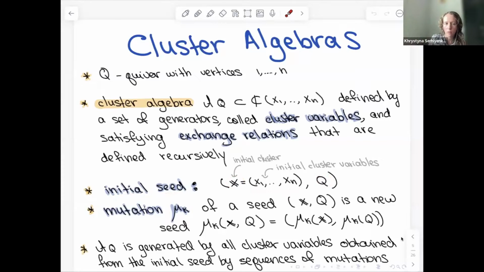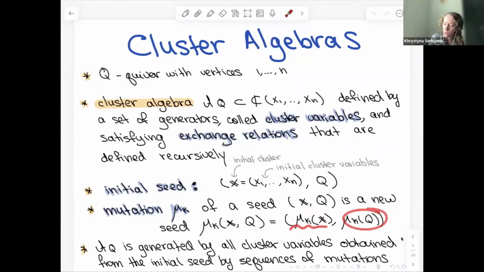And then you want the recursion process, and the recursion process is, again, called a mutation. So mutating a seed gives you a new seed, and you can mutate at any of the vertices. The new seed, just for now, I'm going to denote as mu sub k of my initial seed. And so you get a new cluster, a new collection of variables, together with some new quiver. The operation for getting this new quiver is the quiver mutation we've just seen on the previous slide, so this we understand.